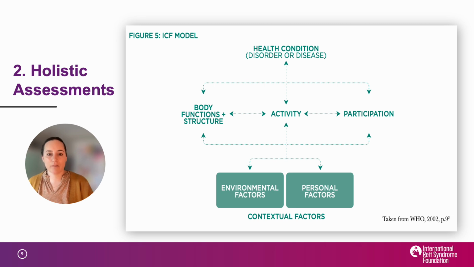And this part of the model explains how well a person can perform activities and participate in life situations. That includes the body functions and structures, and this is how their body works and their physical structure. So we're looking at all the different comorbidities that go alongside Rett syndrome that we covered in the first webinar.